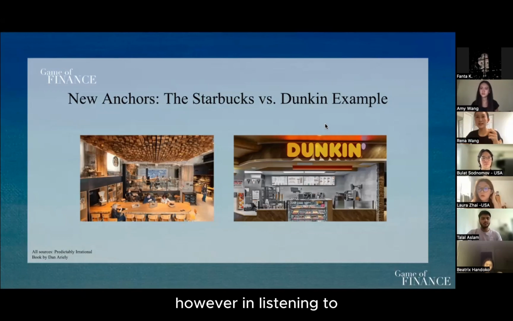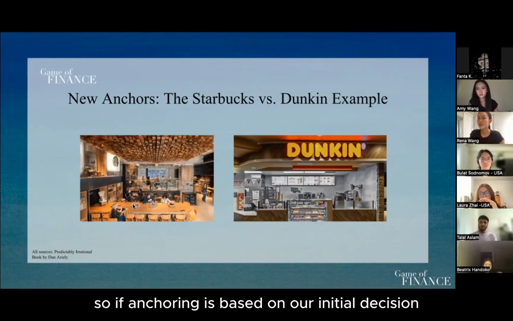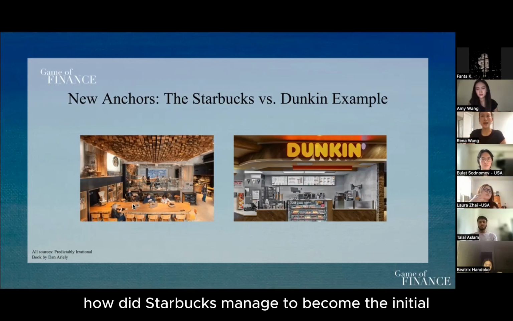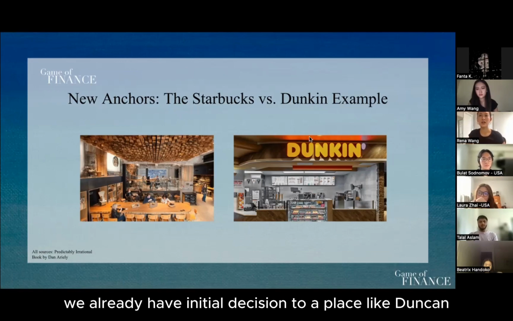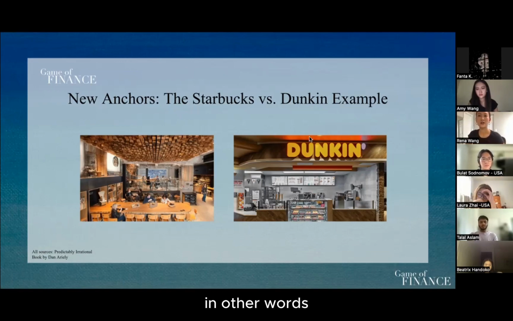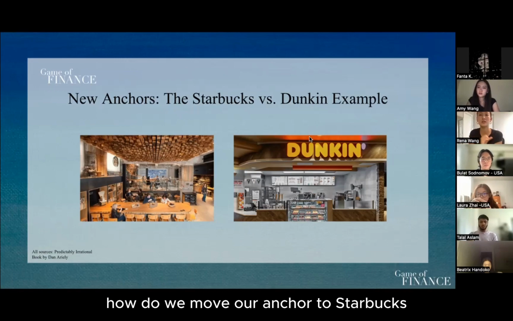However, in listening to this story, there is something odd. If anchoring is based on our initial decision, how did Starbucks manage to become the initial decision in the first place when we already have an initial decision to a place like Dunkin'? In other words, if we were previously anchored to the prices at Dunkin' Donuts, how did we move our anchor to Starbucks?